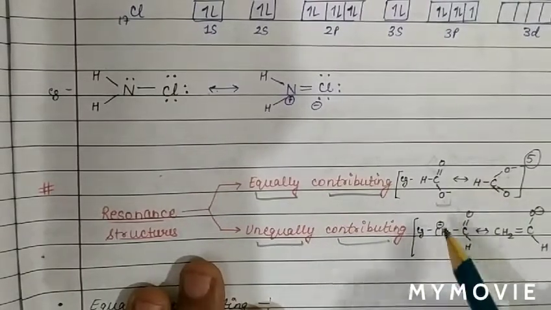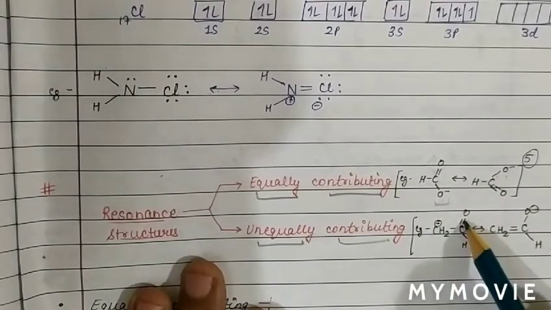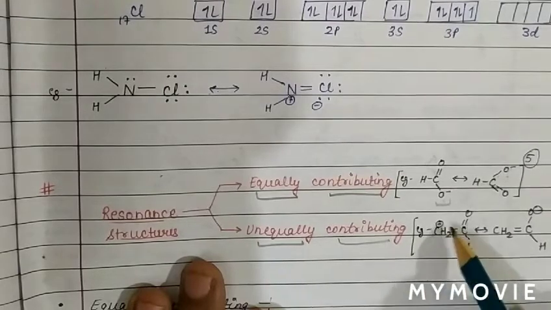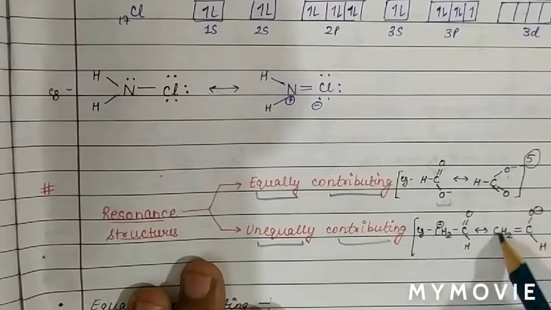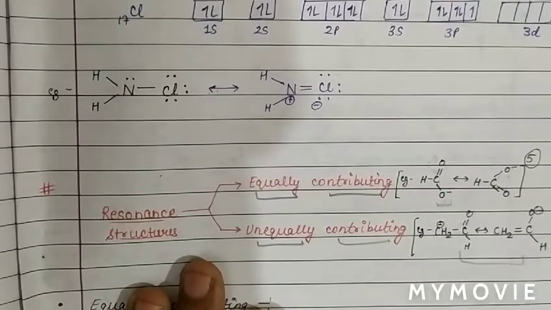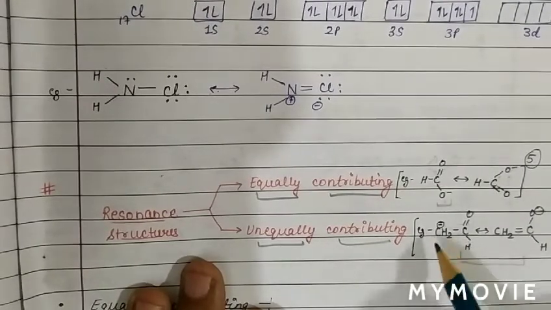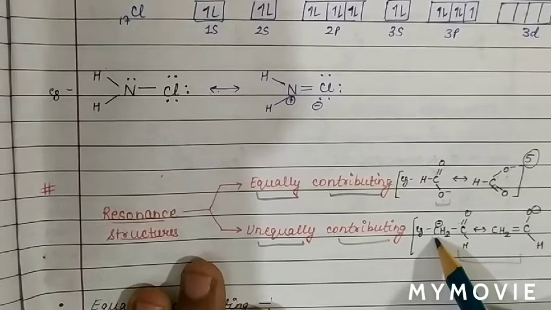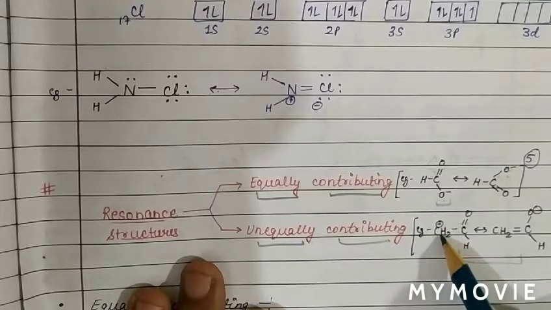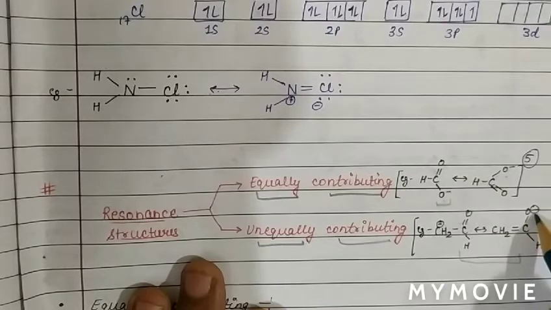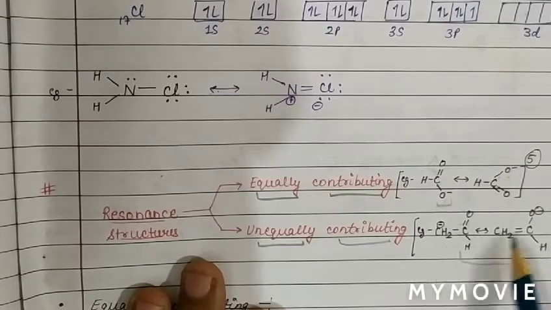While in this case we can see a negative, single, double conjugated system; the negative charge shifts between these two to form a pi bond, and this pi bond will break. So these are the two resonating structures of this ion. We can see in the first RS the negative charge is on the carbon atom, but in the second RS the negative charge is on the oxygen atom. Therefore these two structures will not have the same energy.